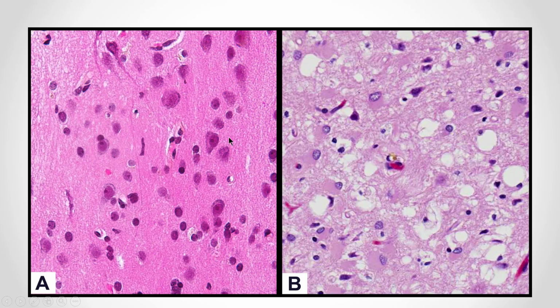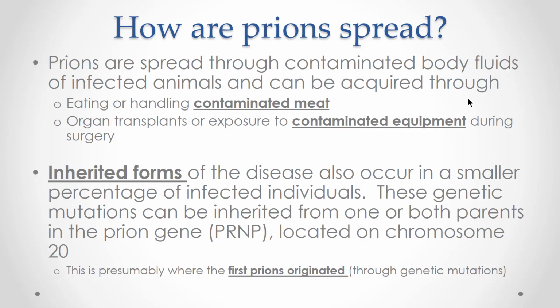The brain tissue is not exactly a one-for-one type of picture, but this is more or less what it looks like normally, and this is what it would look like abnormally. All those little holes and structures are an area in the brain that's not going to be functioning properly. So as a prion disease manifests, that's kind of what's happening at the cell level. The brain tissue is dying.